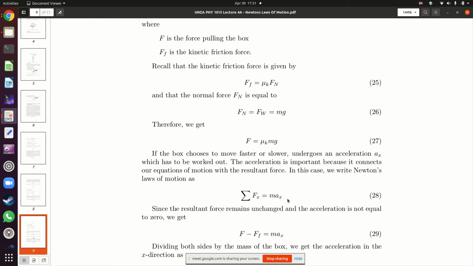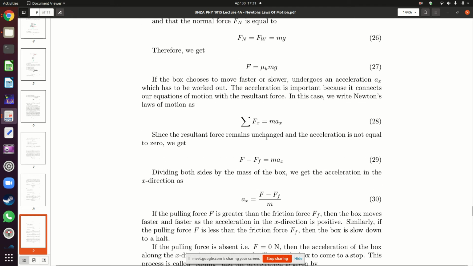In the first two situations we looked at, the resultant force was equal to 0. But if the resultant force is not equal to 0, how do you know? It needs to cause the velocity of an object to change, either increase the velocity or reduce the velocity. So if the velocity changes, then you know that there is a resultant force.